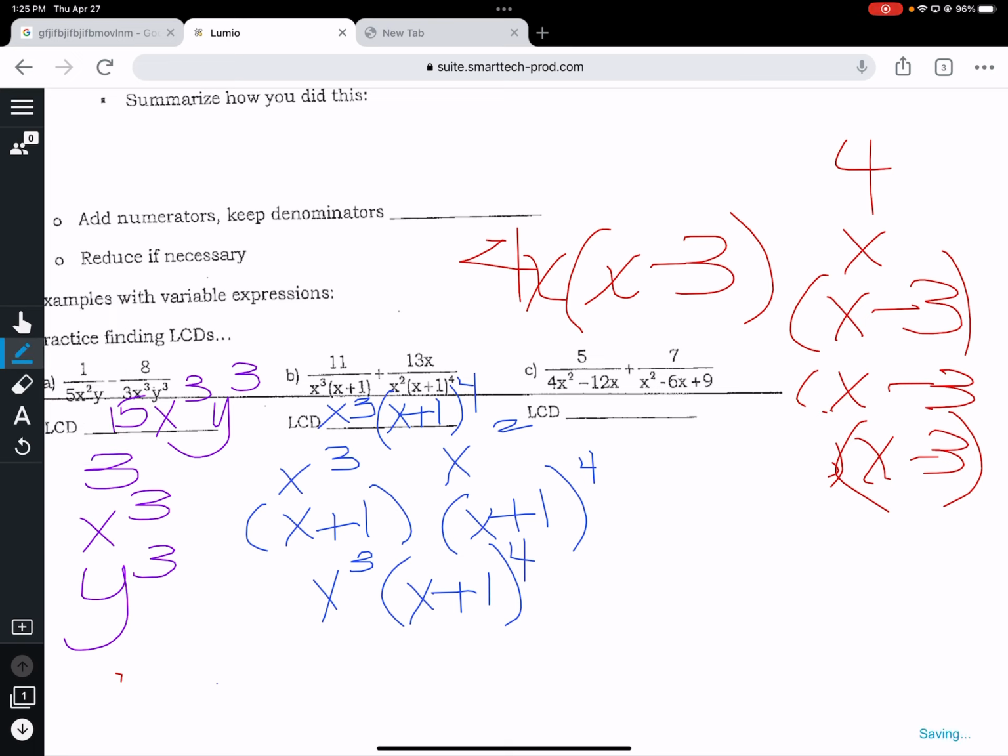They definitely share an x minus 3. And then what else do they not share? A 4x. And so it's going to be 4x, x minus 3. Even though they have 3 x minus 3s in common, you just list it once.